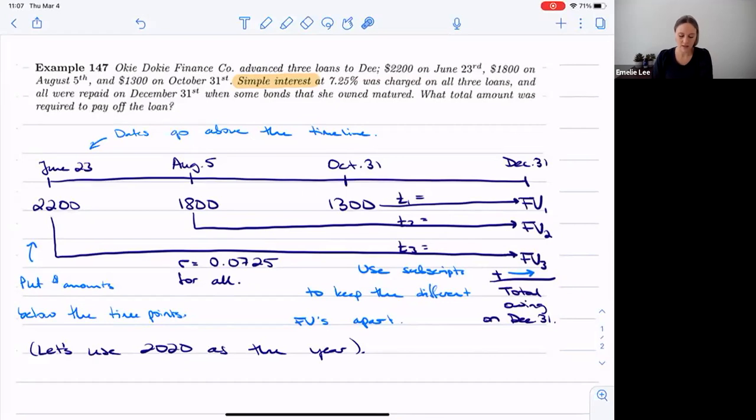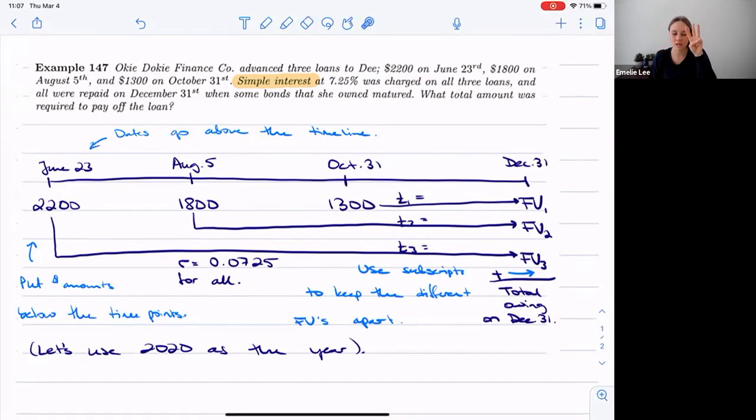If we're talking about loans, and she borrows $2,200 on June 23rd, then of course she's going to have to pay back more, the $2,200 plus interest, on December 31st. Each of these loans acts independently, but they all go to some future value.